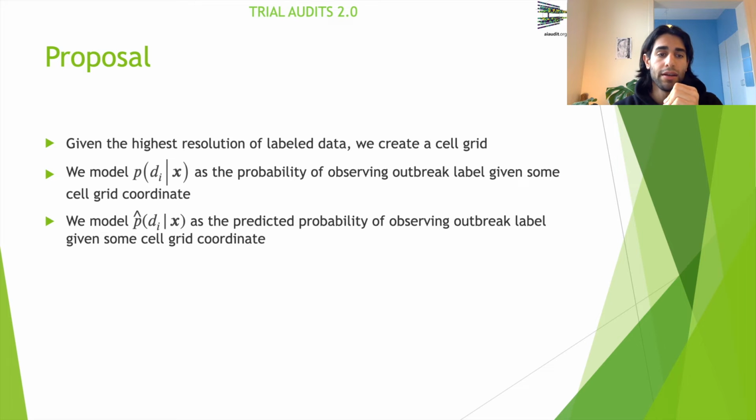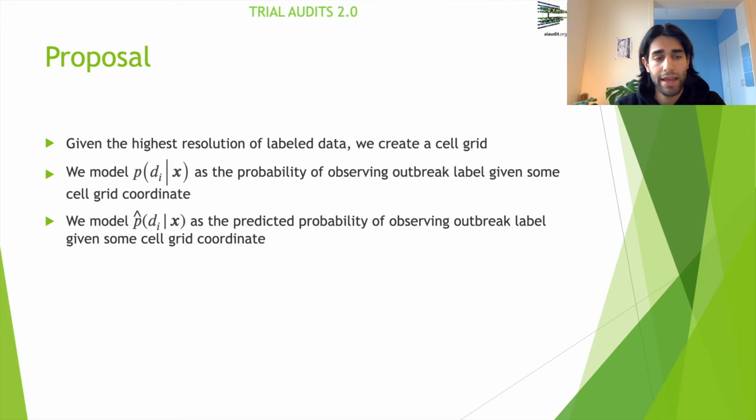If you are familiar with machine learning or AI, that's the typical use case to score algorithms, where you compare the true with the predicted values. So P of I given X is simply the probability of seeing the data label, which might be an outbreak label, I given our cell X within the grid.